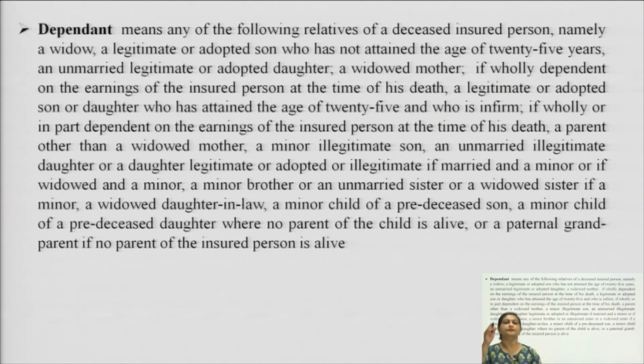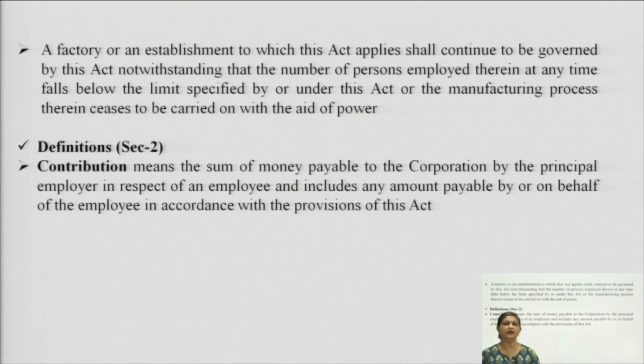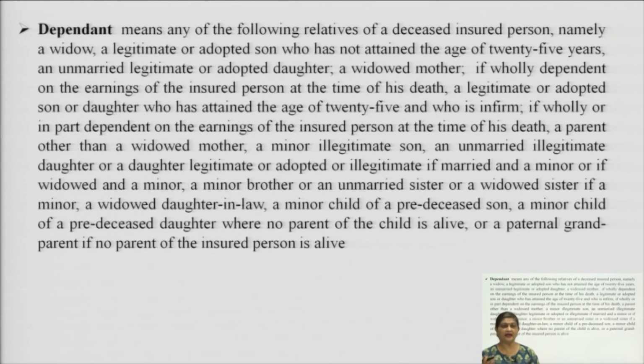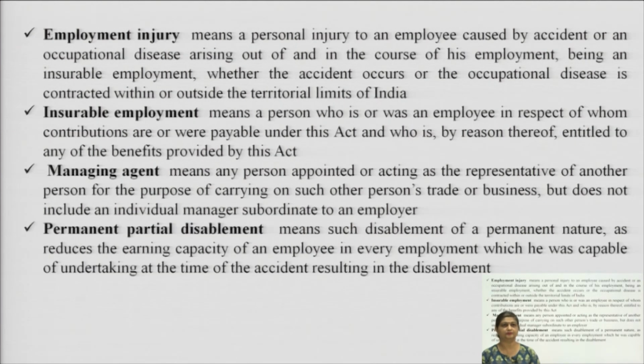That means all these people will be deemed as dependents, and in case of any accident or any death of any workman, the insured amount can be given to any of these dependents.